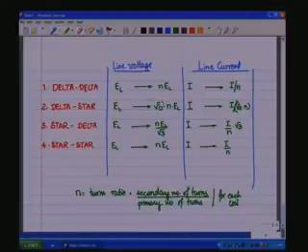Therefore, the insulation requirement is less stringent in the case of the delta star. For very high voltage transformers, delta star could be a nice alternative.